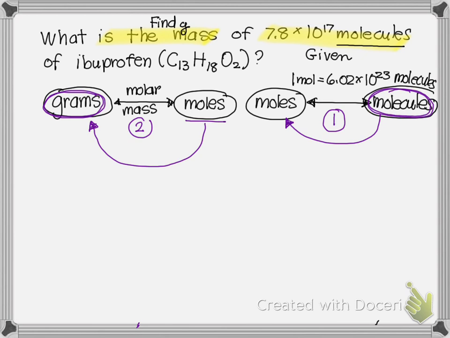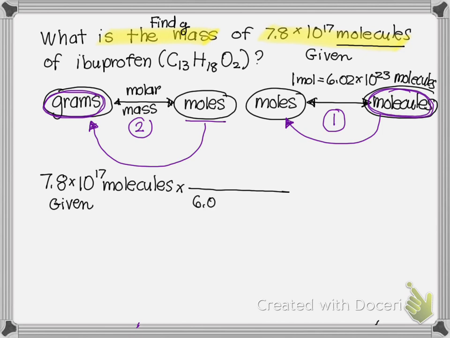So I'm going to write down the molecules that I'm given. So this is given. And molecules are going to convert into moles by dividing by the 6.02 times 10 to the 23rd molecules.